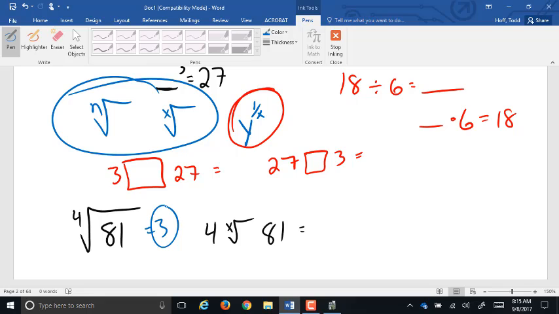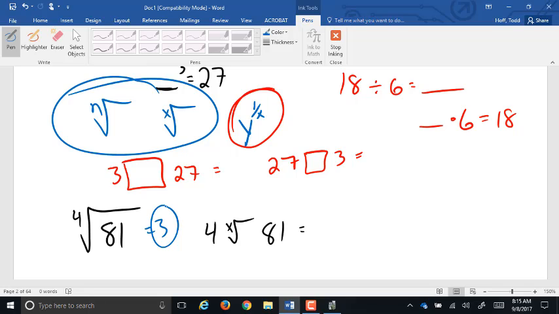Nope, let's see your key. Let's see your calculator. I think you've got a Y to the 1 over X key on this one. There it is.